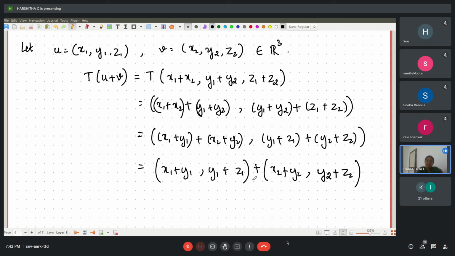See, there is nothing much that we are doing here. We are just writing it out so that we get T of u plus v equal to T of u plus T of v. If you find this difficult, you can compute T of u plus v and T of u plus T of v separately and verify that both are the same. That is also fine.